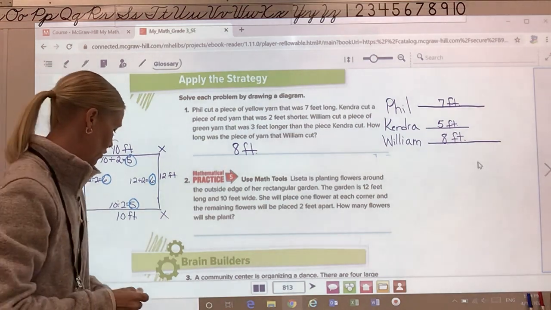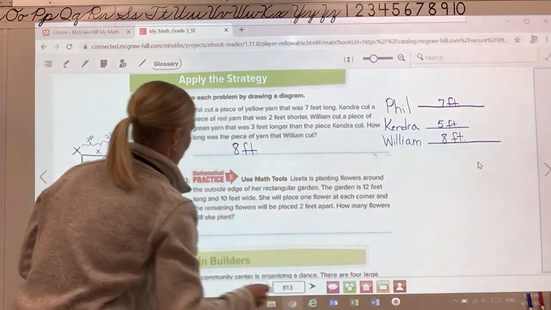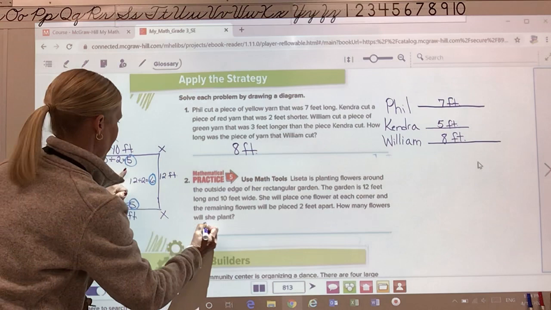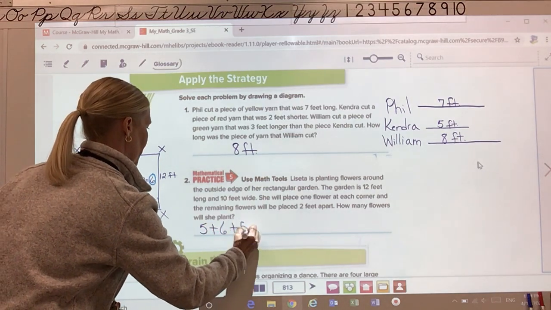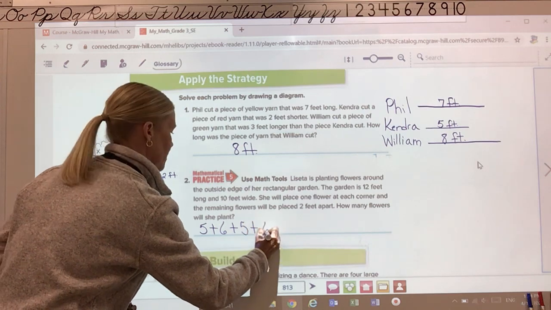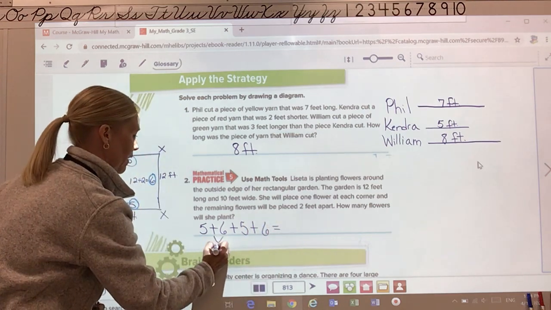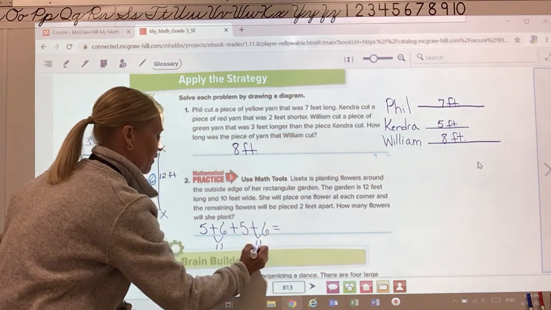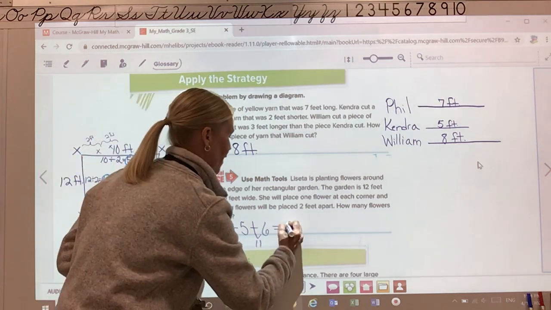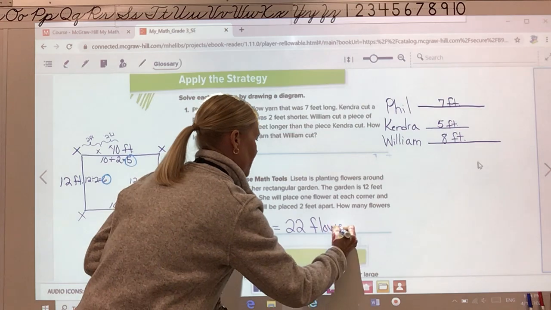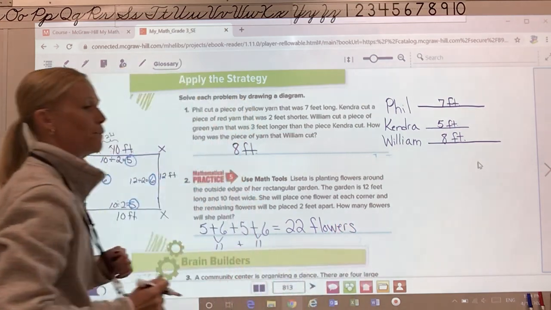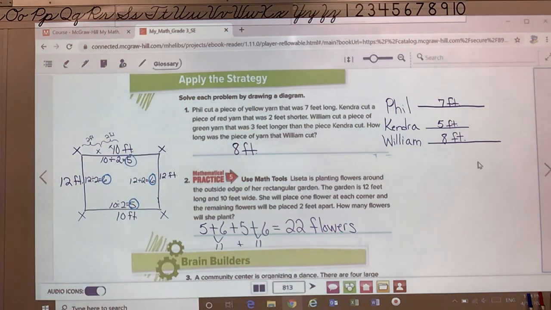So now all I have to do is add it up. So 5 plus 6 plus 5 plus 6. We have 11 and 11. Add that together. She planted 22 flowers. And don't forget, boys and girls, to write that unit down.